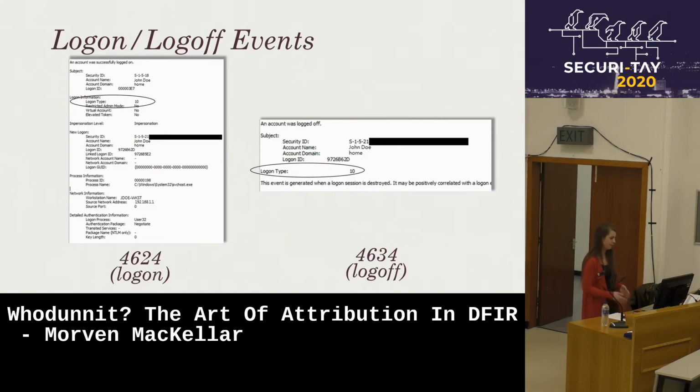This one is a 10, so this indicates a remote logon, such as through RDP, remote desktop services. You can also determine stuff like, was this a logon physically at the machine, at the keyboard? Notably, all of this stuff is obviously specific to Windows, but there are equivalent logs in Linux and Mac as well.